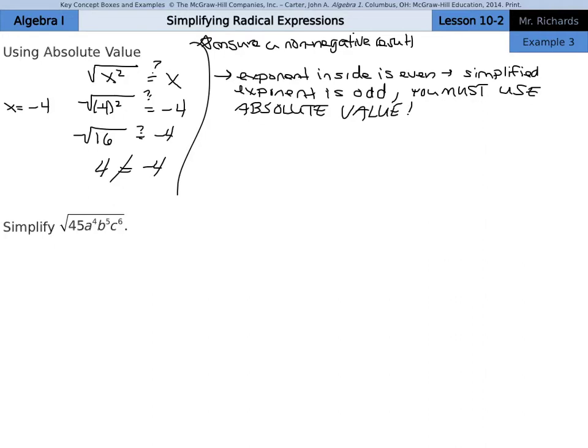For example, the square root of x squared is actually going to equal the absolute value of x.